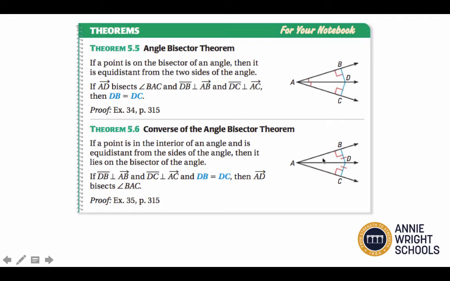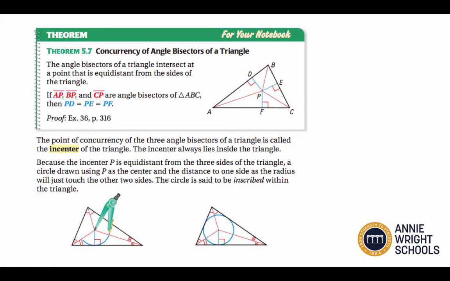So now we're going to use that exact same theorem to talk about what happens when you have the three angle bisectors of a triangle. So angle bisector BP, angle bisector AP, angle bisector CP. They all meet at a point called P, which is the incenter. P is equidistant from side AB, from side BC, and side AC.